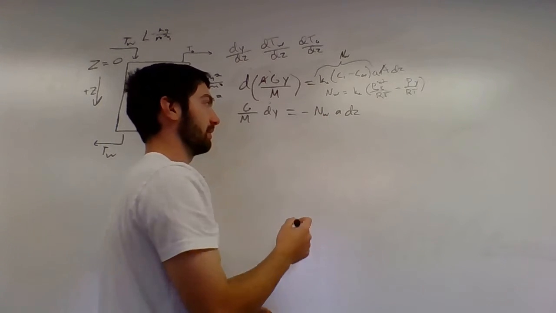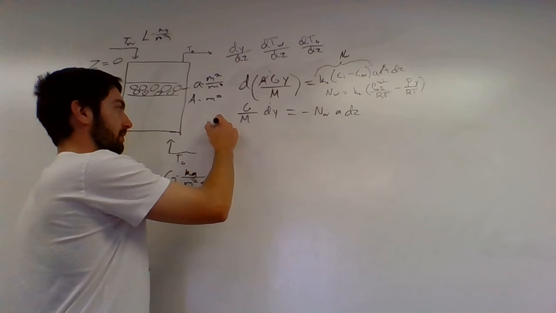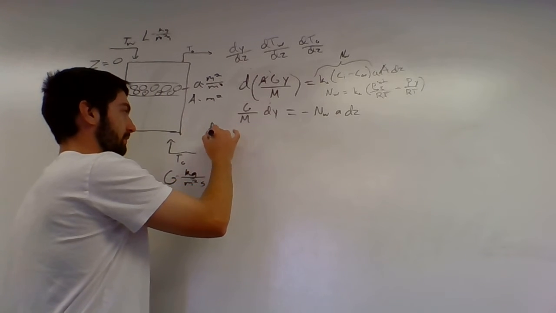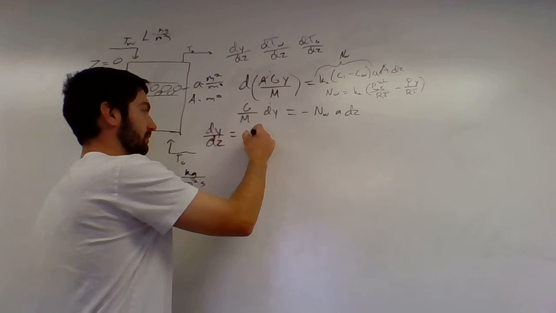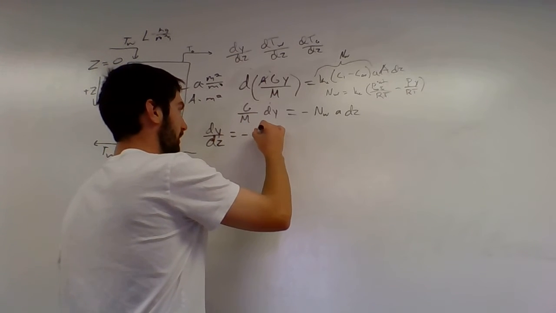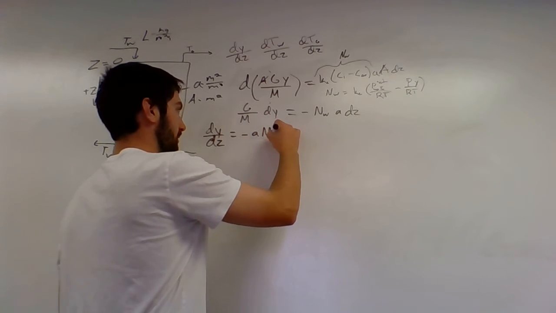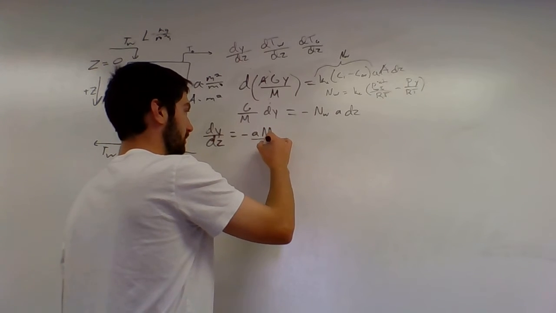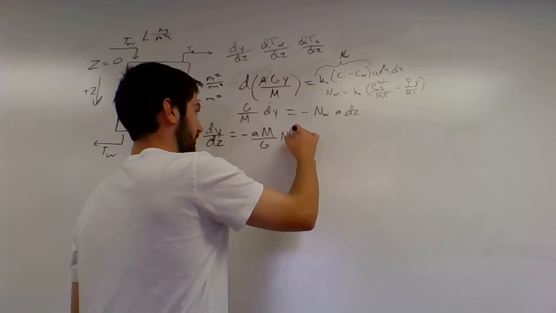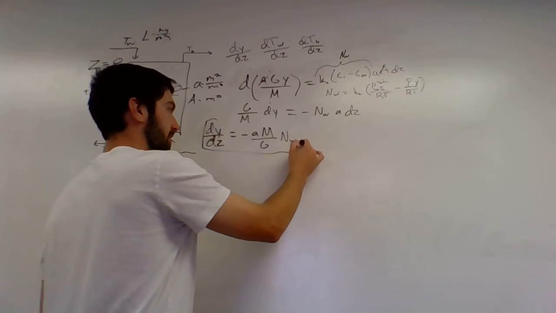So we'll throw that negative sign in there, and now we have our differential, we just need to solve for it. So dy over dz is equal to negative a times the molecular weight over gas flow rate times molar flux of water. So that's our first differential.